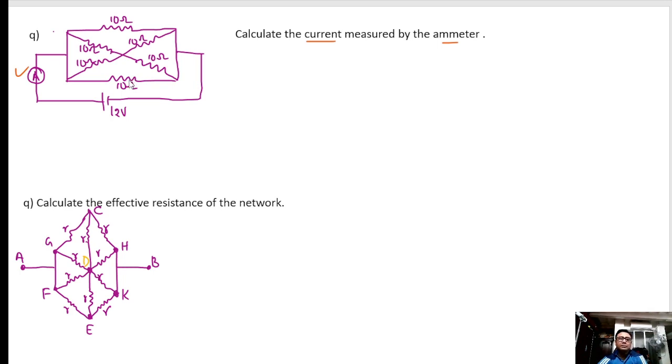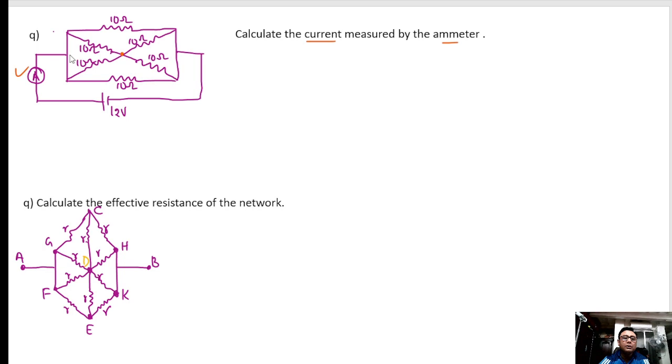Okay, so let us first watch how to do these circuit calculations. Let us see how to calculate the resistance in a very effective manner. If you watch this particular part, there is a similarity in the circuit.